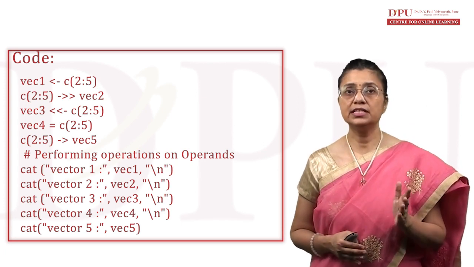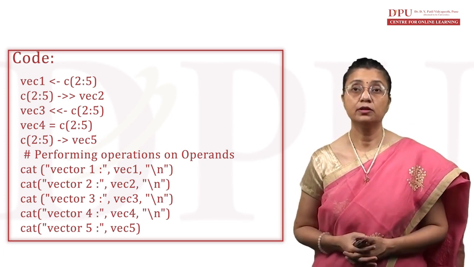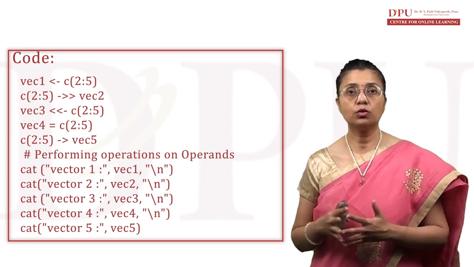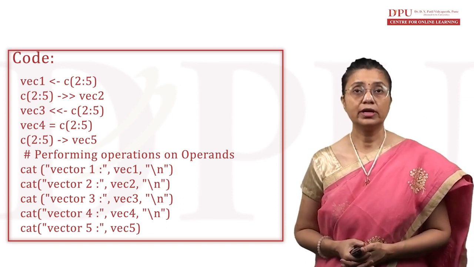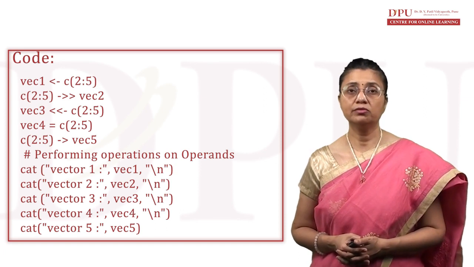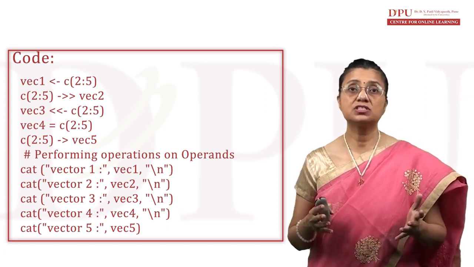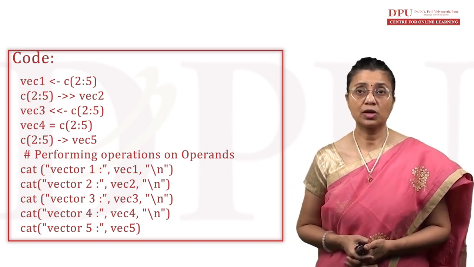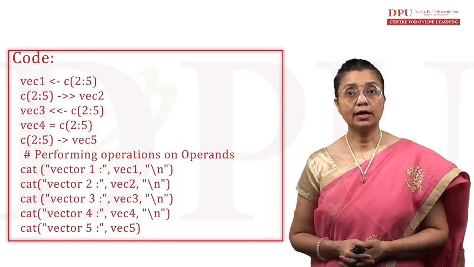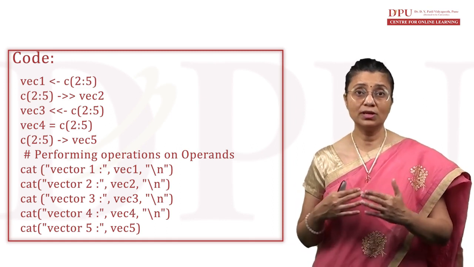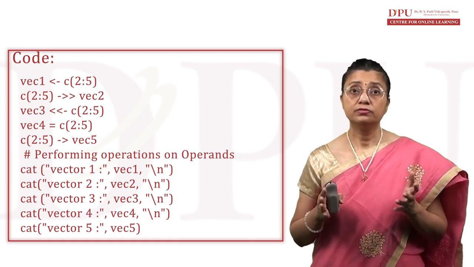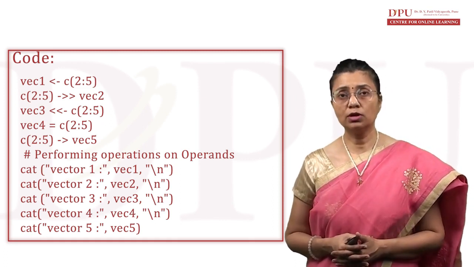Likewise, I can also write c(2:5) is assigned to vector 2. So vector 2 is also 2:5. That is one more way of storing a value into a variable. The third one is vector 3, which is again 2:5. There are so many ways to store this.